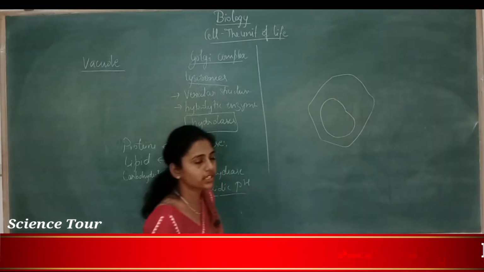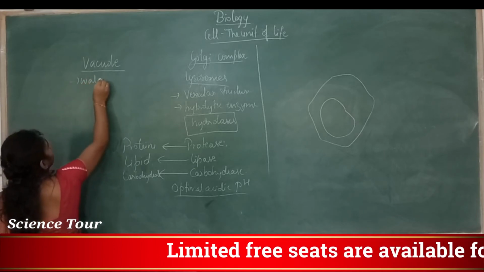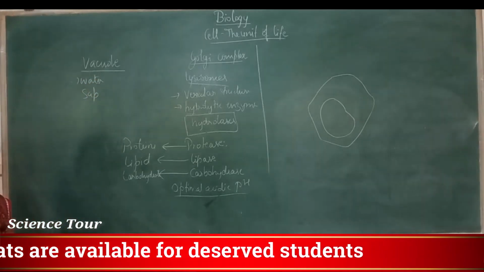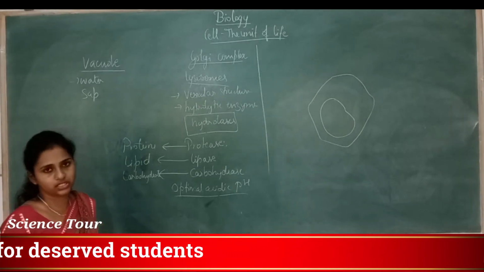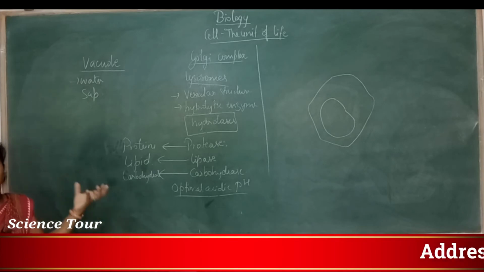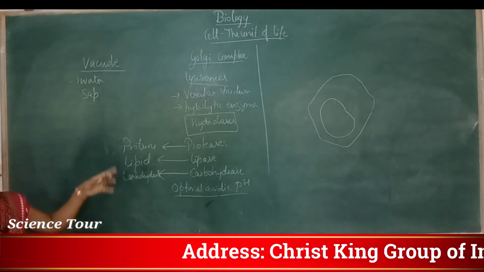Usually these vacuoles contain water, sap, which is nothing but the dissolved minerals as well as salts, food materials. Collectively we generally call it sap.